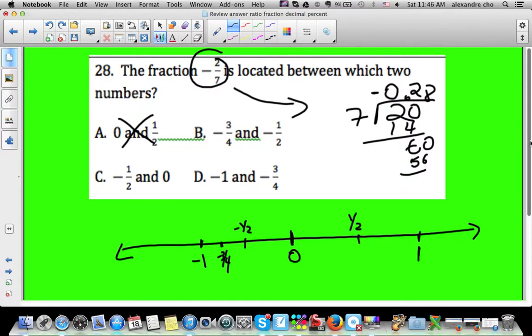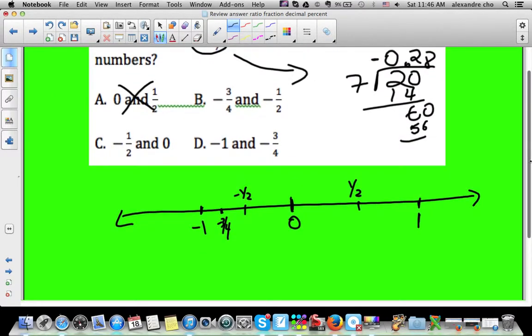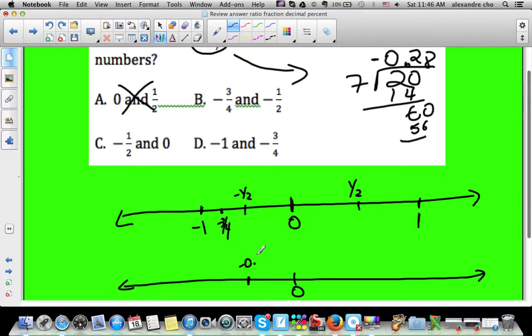So let me just lower this and draw another number line, just a little bit. Okay, so instead of fractions, here's 0. Instead of saying half, I'm going to say negative 0.5. And instead of saying 3/4, I'm going to say negative 0.75. And finally, negative 1 over here.